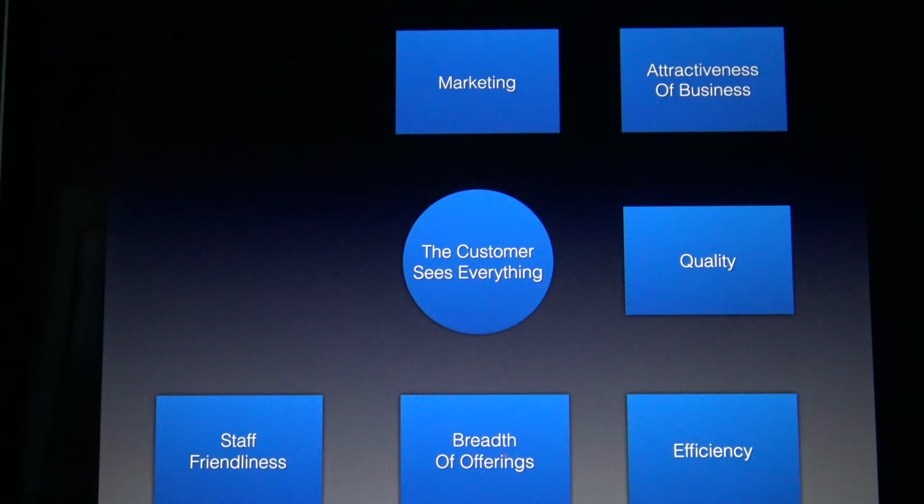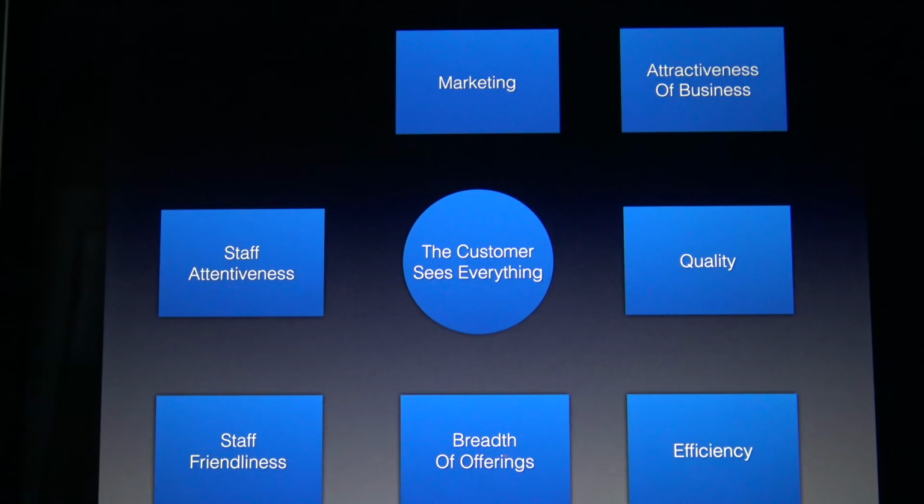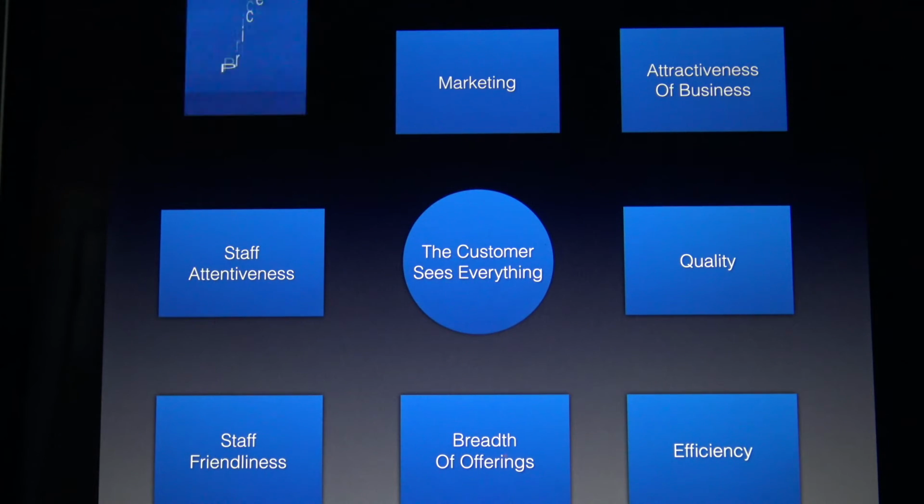Are they engaged? Are there people you enjoy talking to? Or do they seem to be just passing the time and doing what they have to do to make some money? Staff attentiveness. Are they paying attention to you? A lot of times you'll see the staff is busy talking to each other and can kind of break away every now and then and help a customer.